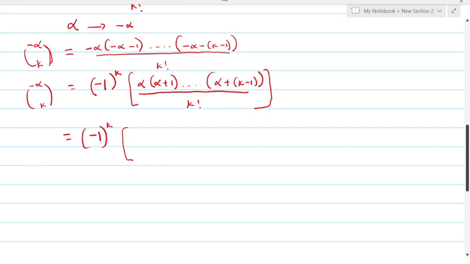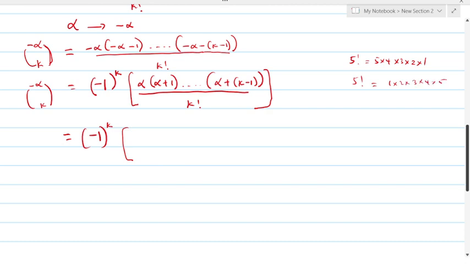I want to start writing my combination from here. You know, it's possible that 5 factorial equals 5 times 4 times 3 times 2 times 1. It's also the same thing as writing 5 factorial to be 1 times 2 times 3 times 4 times 5.